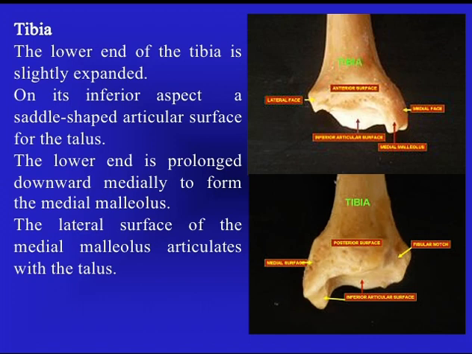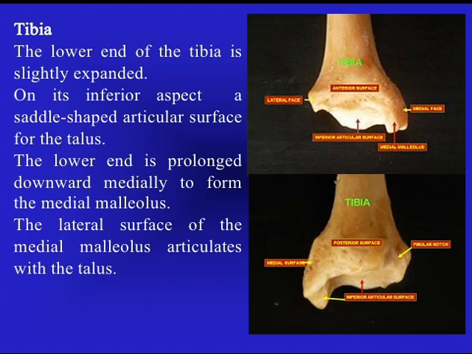The lower end of the tibia is slightly expanded. On its inferior aspect is a saddle-shaped articular surface for the talus. There is a concave surface for the articulation with the talus. The lower end is prolonged downwards medially to form the medial malleolus.